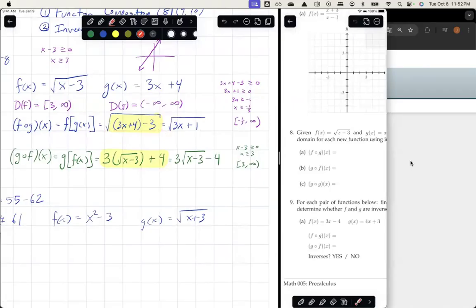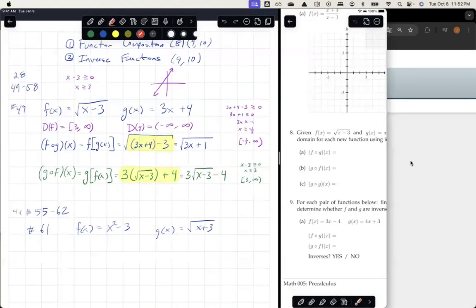So to find the domain of a composite function, the most accurate way to do it would be to find the domain of the composite function when you first compose the two functions, when you first plug one into the other, before any simplification has been done. All right, so there's how you can find a composite function, f of g or g of f, and then how to find its domain.